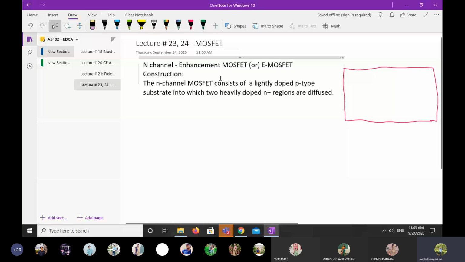We take the P type substrate, which is just a basic P type semiconductor. The N channel MOSFET consists of a lightly doped P type substrate into which two heavily doped N plus regions are diffused.